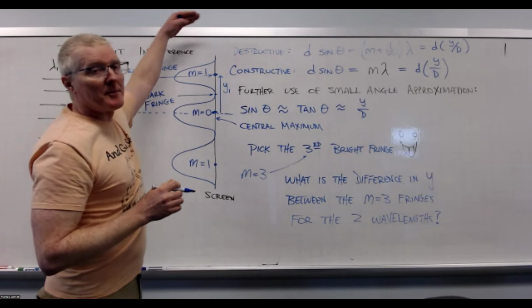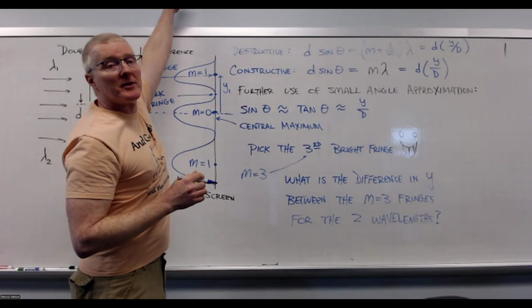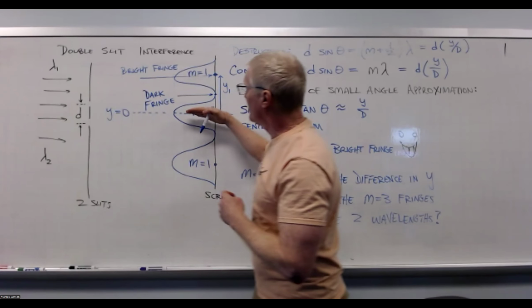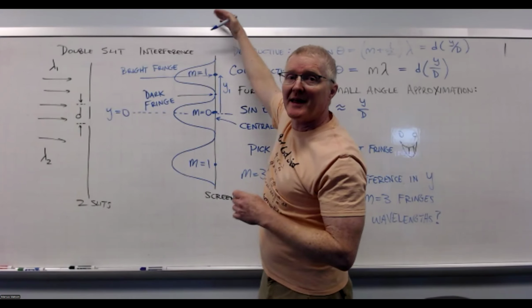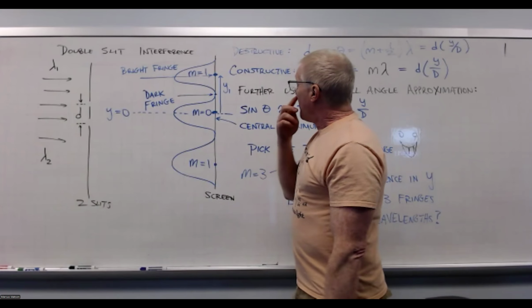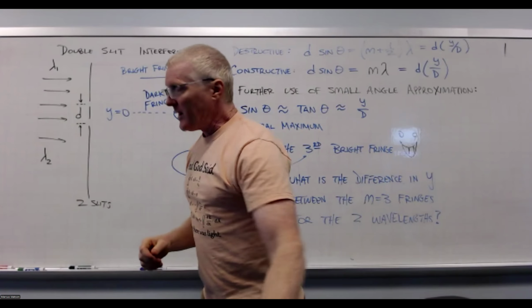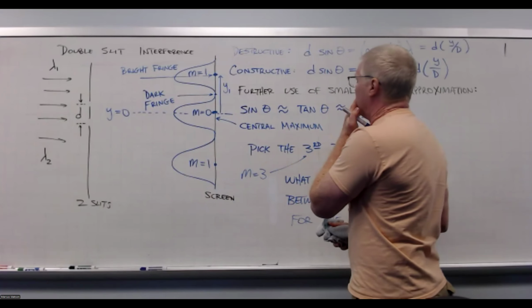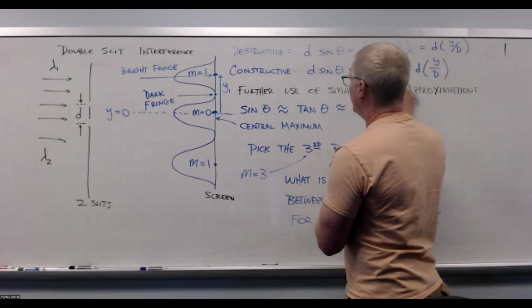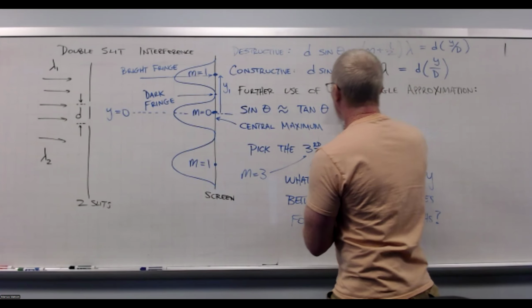And then I want to go to number 2, and then number 3. And I want to measure that position. Then I want to swap the wavelength out, and then go from 0 to 1 to 2 to 3. Again, they're going to be in different spots. How much of a difference is there? Okay, let's throw a few things around and see what we can figure out. All right, now is time for all of this to go.